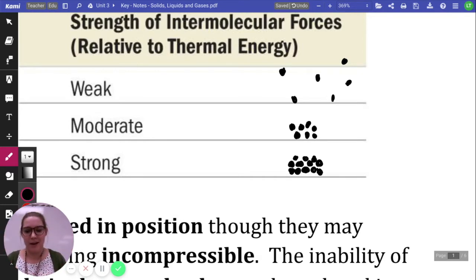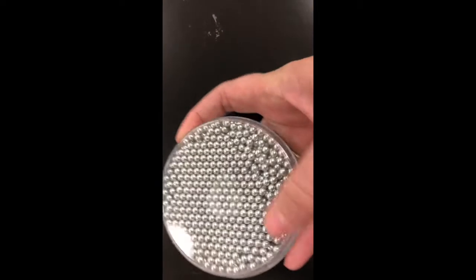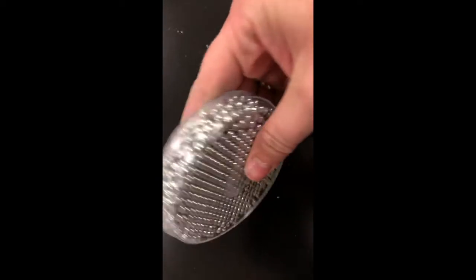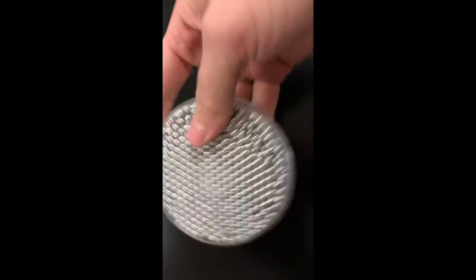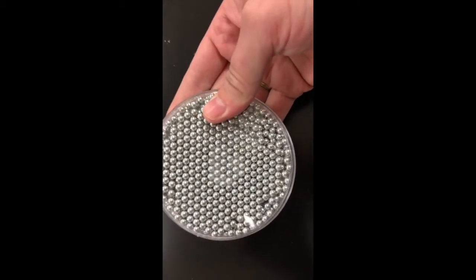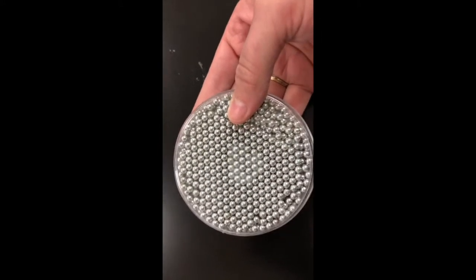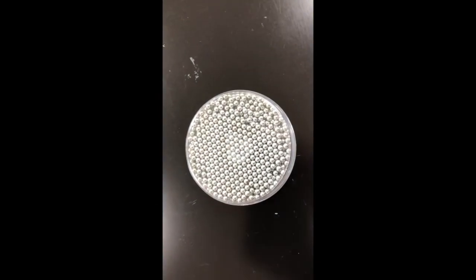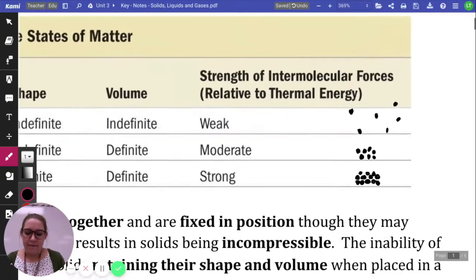It's super tightly packed. Okay, guys, so you can see this is a visual aid of what solid particles would look like. As you can see, they are super tightly packed, and they really can't move very much. So the solid particles are tightly packed and they vibrate in place or move in place a little bit.